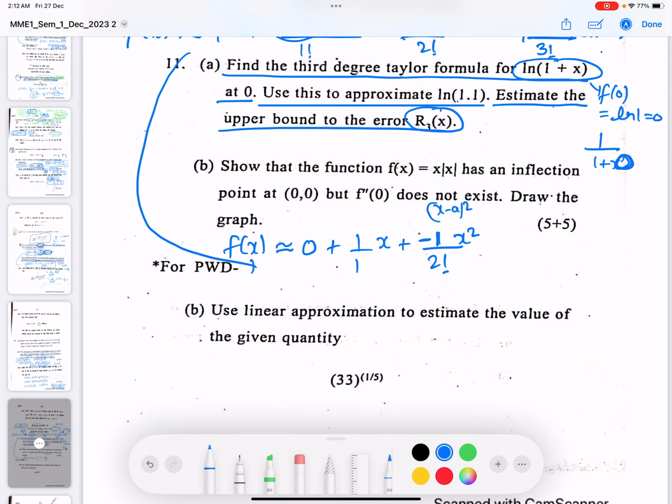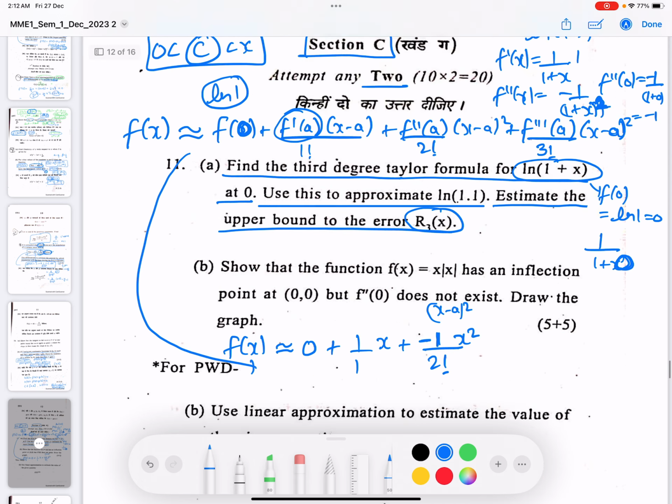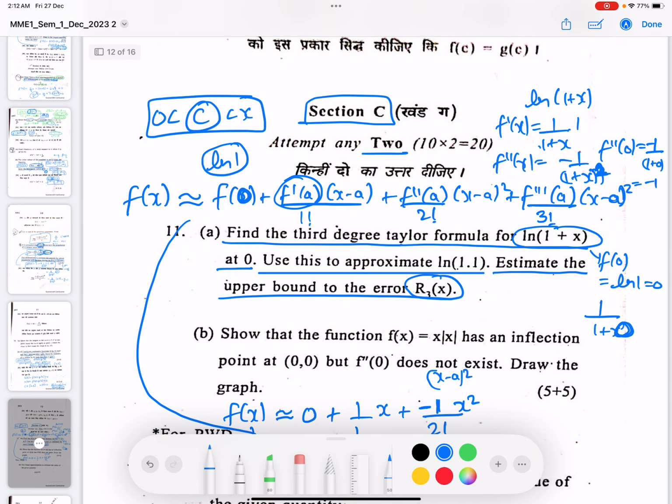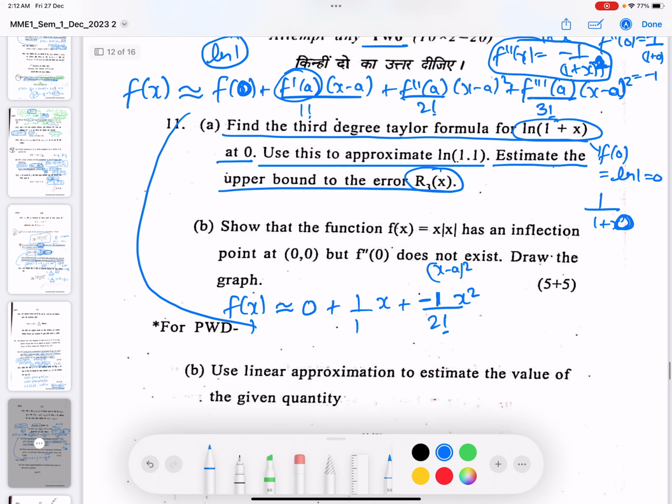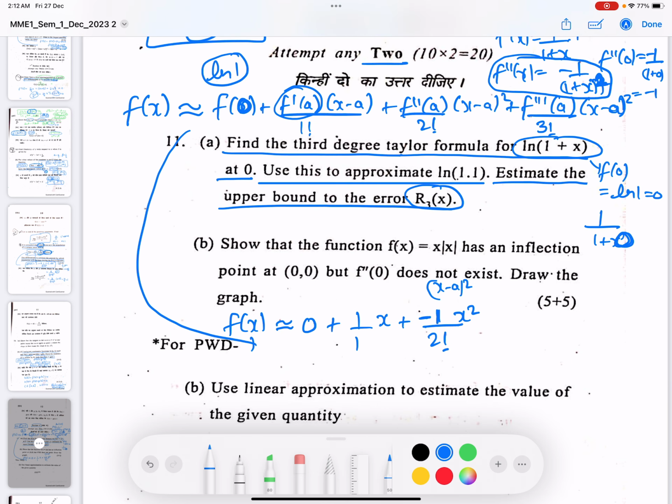Then we need to find the derivative of this. This is basic only. If you solve this, it would be plus 2 upon (1 + x) to the power 3. We can use the quotient rule.